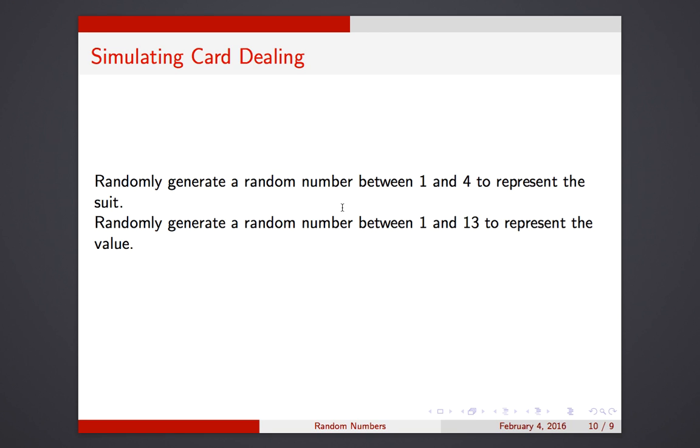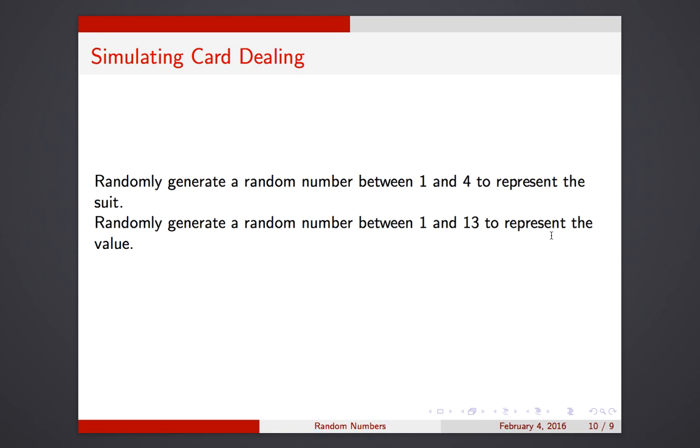The last thing I'll tell you is that simulating card dealing rather than dice throwing is also fairly straightforward. You just have to encode your cards as numbers. So you could, for example, randomly generate a number between 1 and 4 to represent suit. So clubs will be 1, diamonds will be 2, hearts will be 3, and spades will be 4. And then once you've generated a suit, you could randomly generate a number between 1 and 13 to represent the card value.